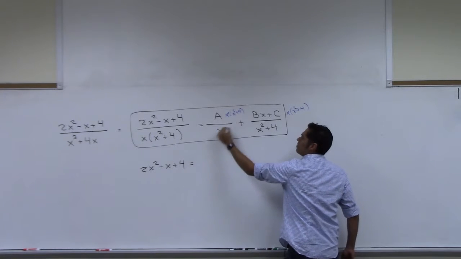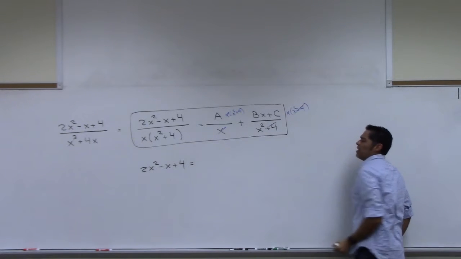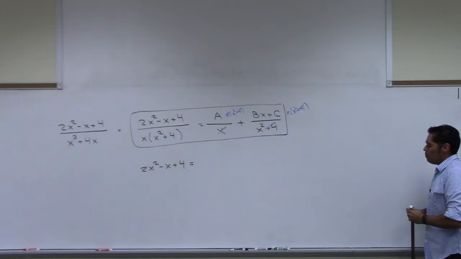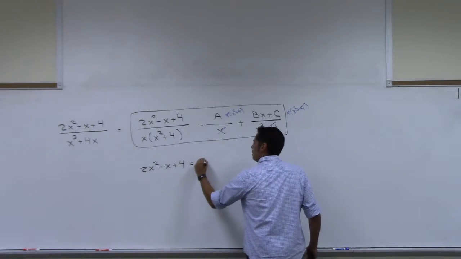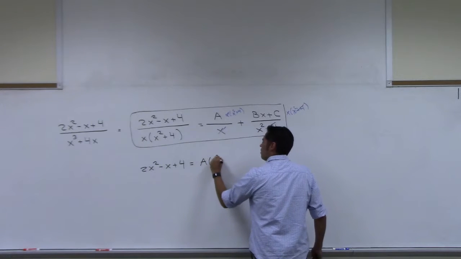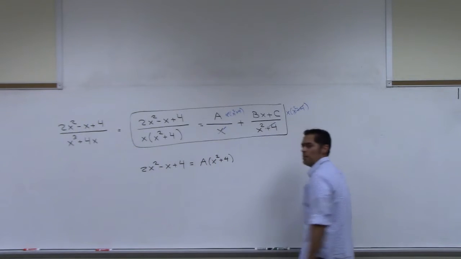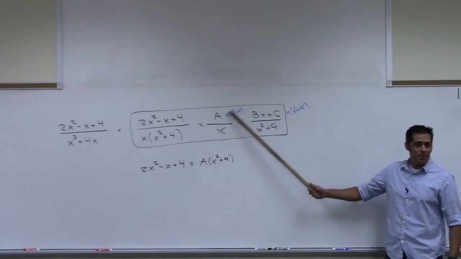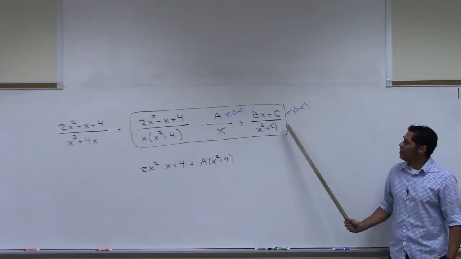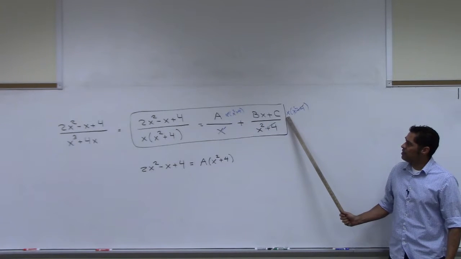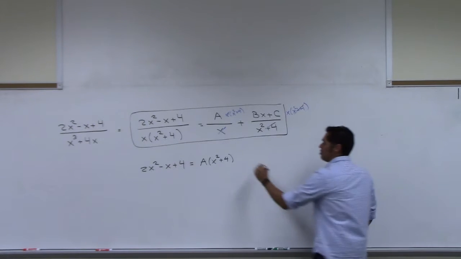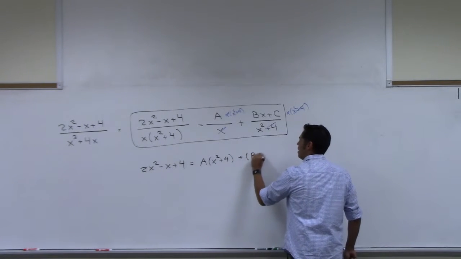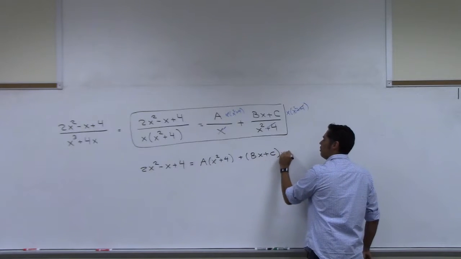Here the x's cancel. Here the x squared plus 4's cancel. And so we are left with A times x squared plus 4. Make sure you put that x squared plus 4 in parentheses because the A must distribute through. And then on this one, you still have an x here, right? And that x has to multiply times that, which means I should put the Bx plus C in parentheses, and then I'll multiply that x.